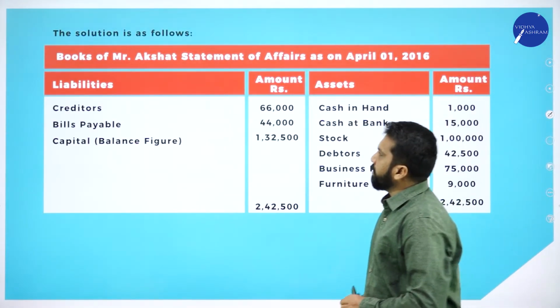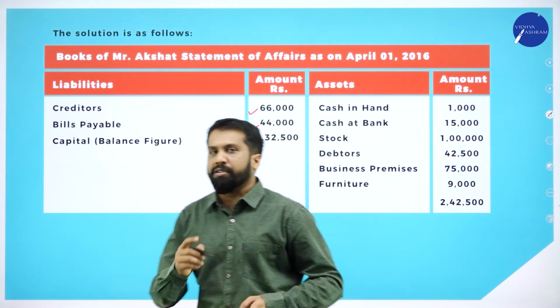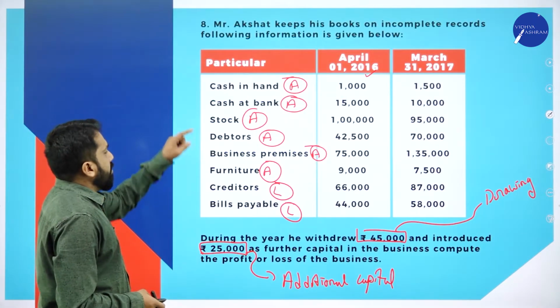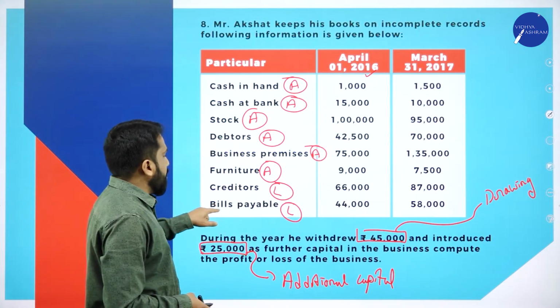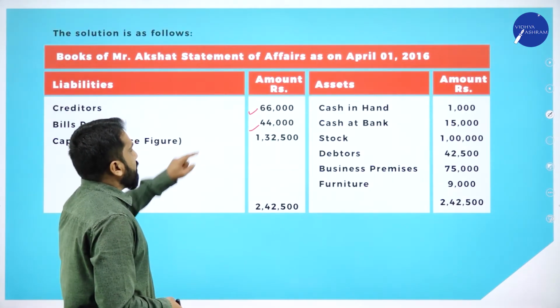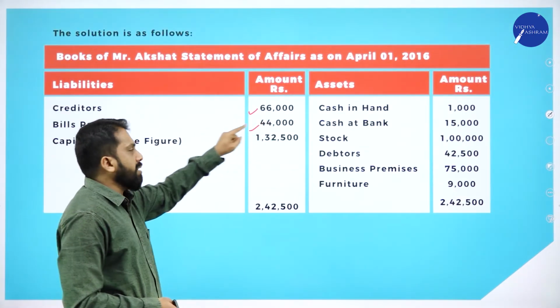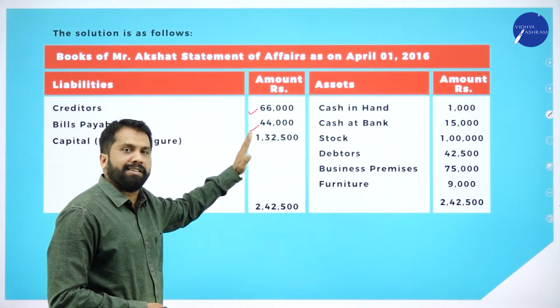Now, in this, your creditors, bills payable. I'll go back to your question. They have given creditors 66,000 and bills payable 44,000. Clear? Yes.